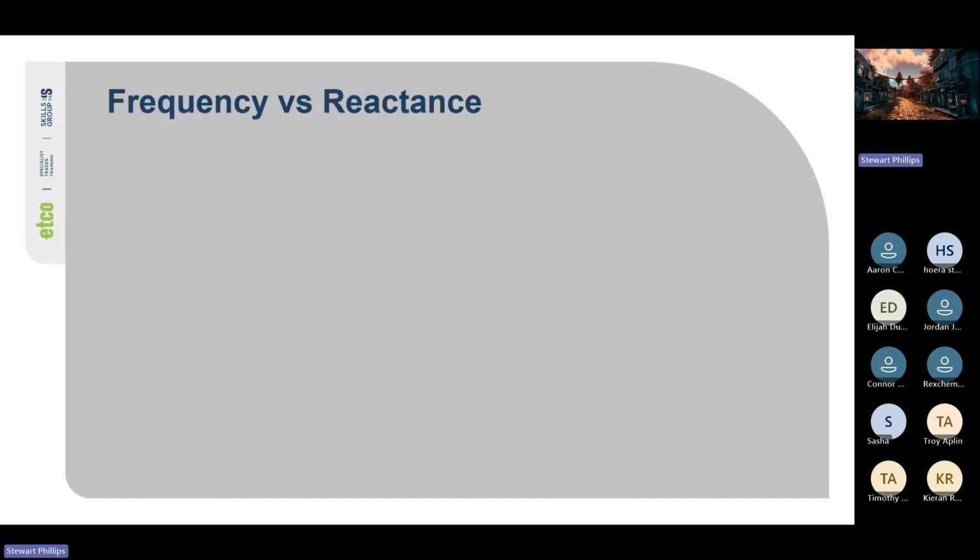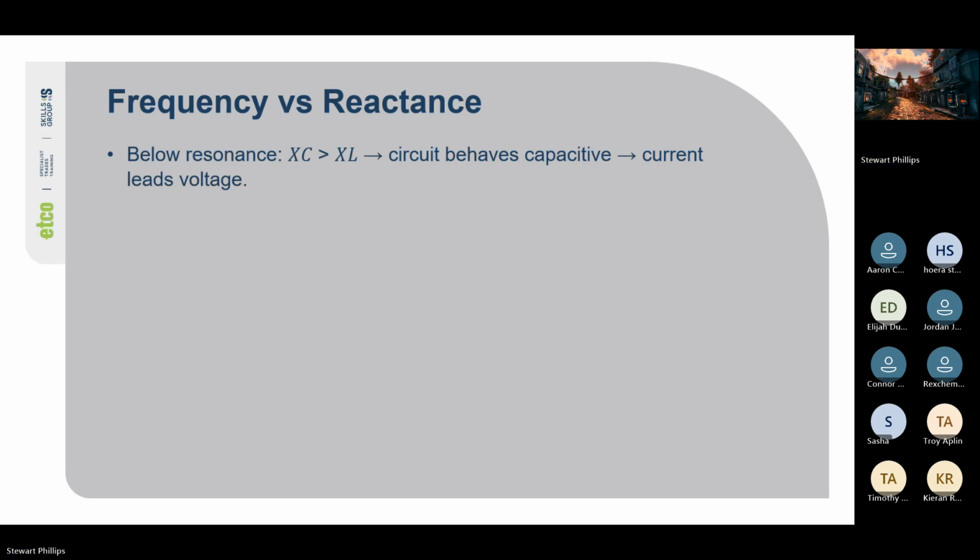Cool. So frequency versus reactance. Below resonance, so below that horizontal line, our capacitance is greater than our inductance. So it behaves capacitively and the current leads the voltage. We look at the horizontal line of our power factor triangles when we draw them as our resonance line. So our resistance line is considered the same as our resonance line.